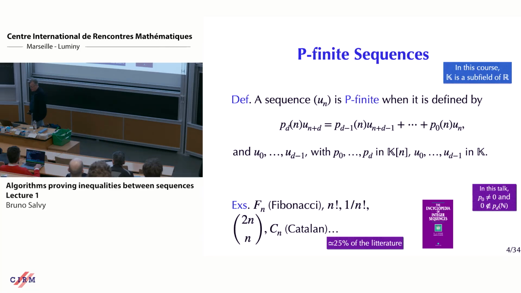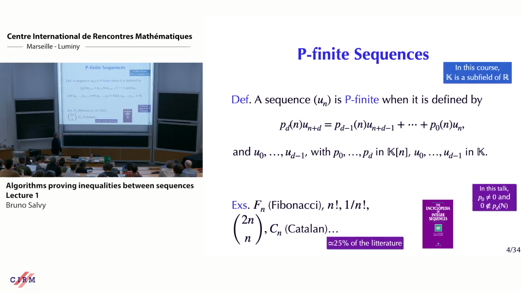And what else? I will always assume that p_0 is non-zero, otherwise you can reduce the order, and that the leading coefficient, p_d(n) here, does not vanish on the integers. Because if it vanishes, you cannot define u_{n+d} in terms of the previous ones.